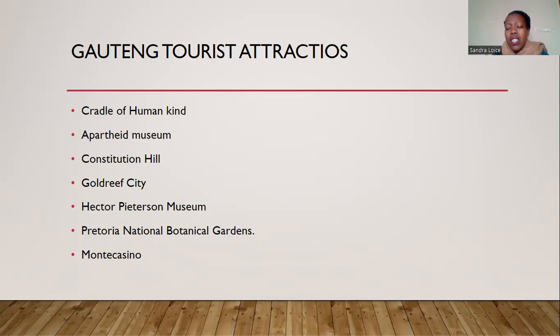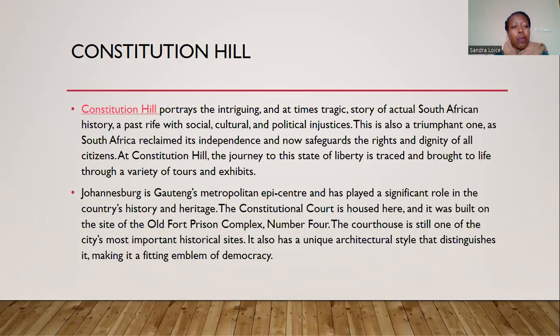We've got your Gold Reef City, where they offer different activities, where there's also a mini casino there, museums, botanical gardens, people go there to refresh and have some quality time with family in a very beautiful natural environment. Monte Casino, you know how the gambling department plays a huge role in the tourism industry. And this is found also in Monte Casino.